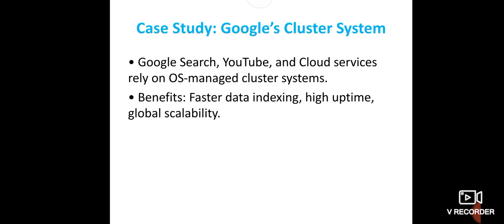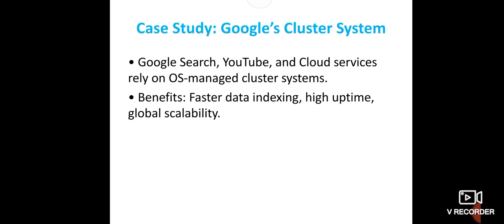In this part, we will discuss some case studies. The first is the Google cluster system. Google Search, YouTube, and cloud services rely on well-managed cluster systems, as we already saw in the examples part, and it has benefits like faster data-intensive processing, high uptime, and global scalability.